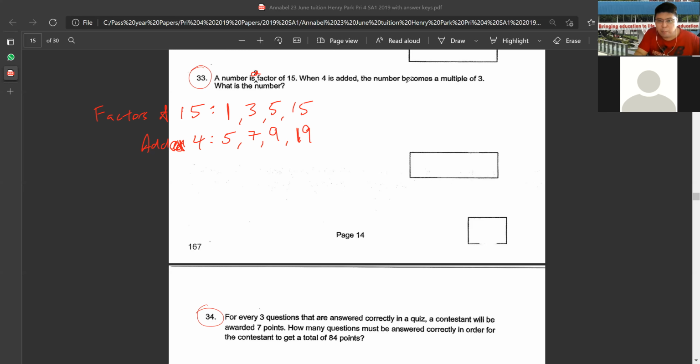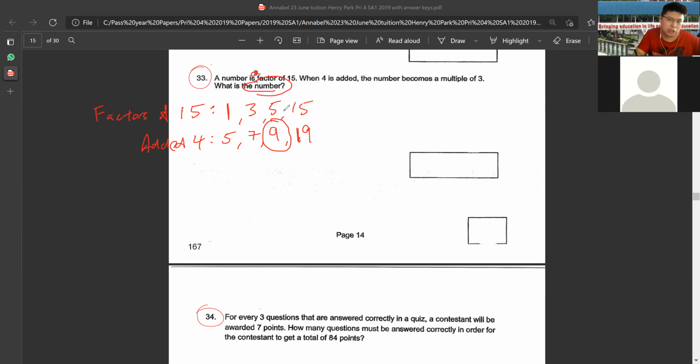Okay. This number becomes a multiple of 3. Which number is a multiple of 3? Of these 4 numbers, which is a multiple of 3? 9. Good, 9. But you don't write 9 here. They're asking what is the number.